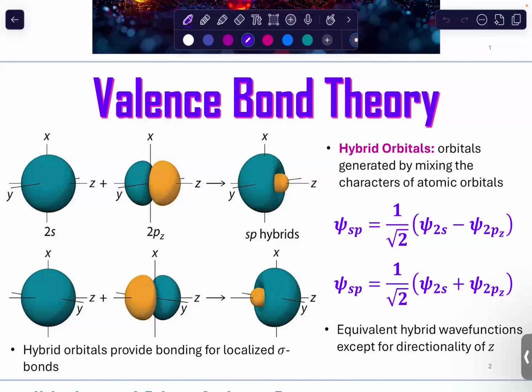Because in a molecule, the electronic structure is going to be a unique solution to the wave function. Each molecule is going to form its own set of molecular orbitals that house the electrons for the molecule. Hybridization is a way to explain that.